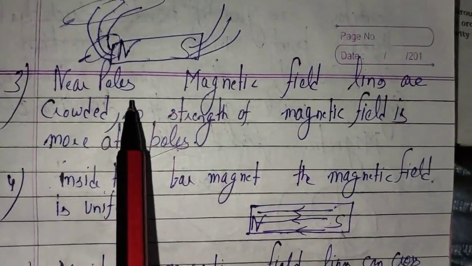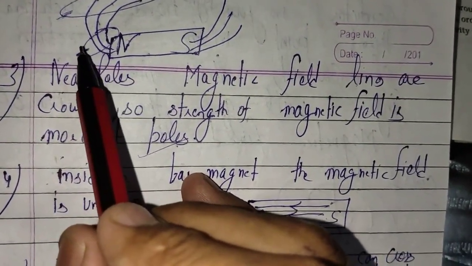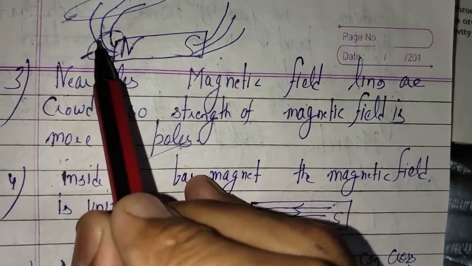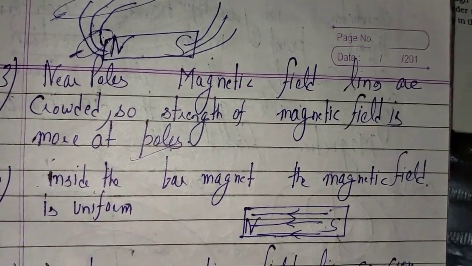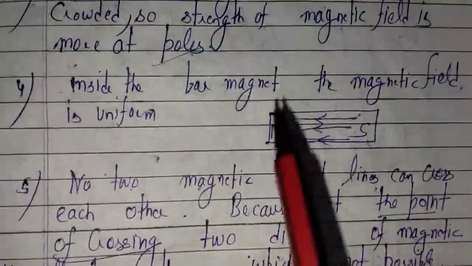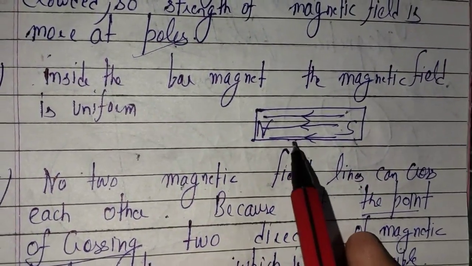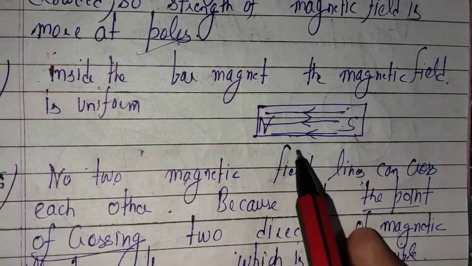Near the poles the magnetic field lines are very close to each other, so the magnetic field strength is high near the poles of a bar magnet. But inside the bar magnet the magnetic field lines are uniform, means they are parallel to each other.